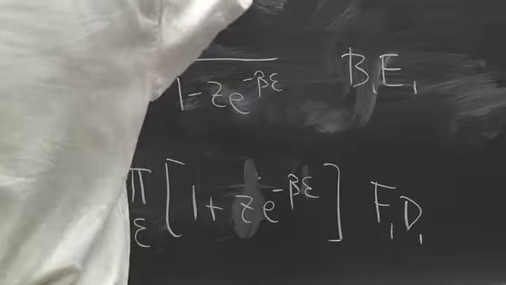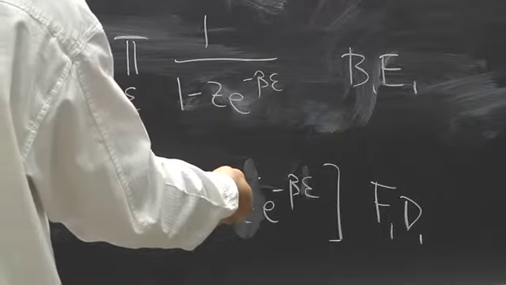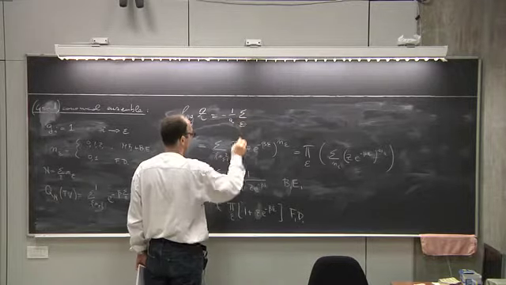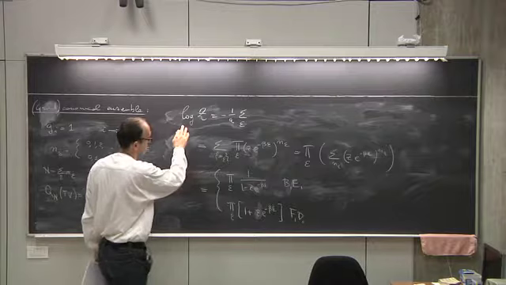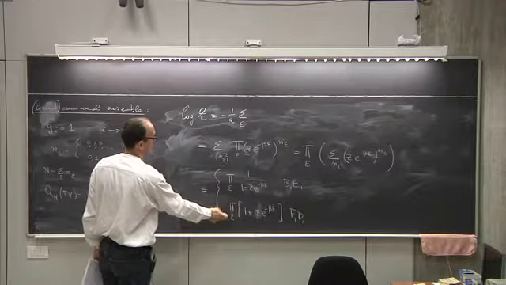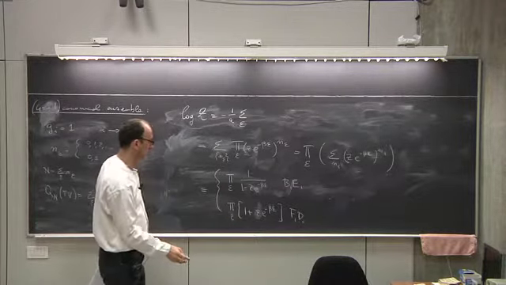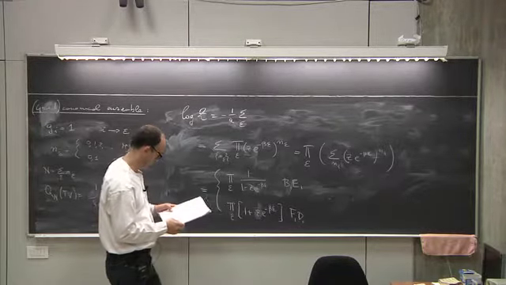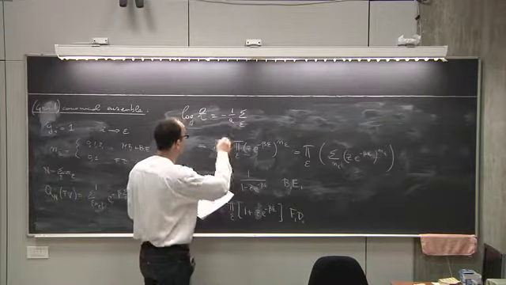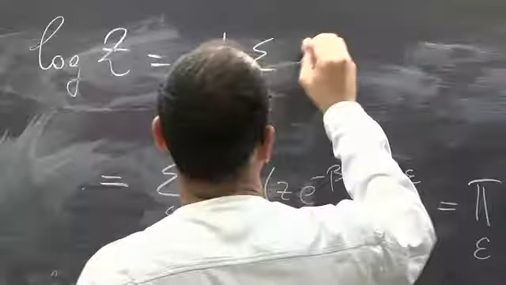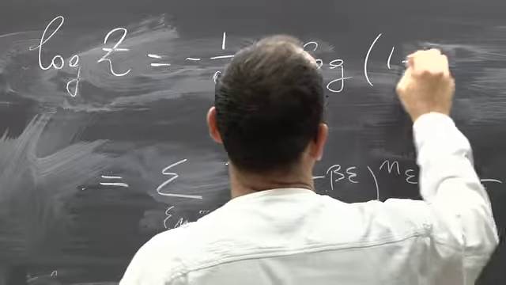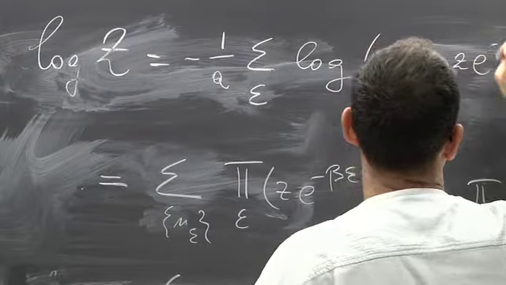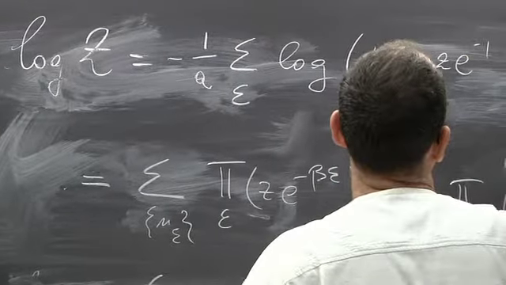You can combine these two results in a form which is this one. Of course, if I take the log, the product becomes a sum, and then I have the sum over epsilon of 1 over a times the log of 1 minus a z e to the minus beta epsilon.